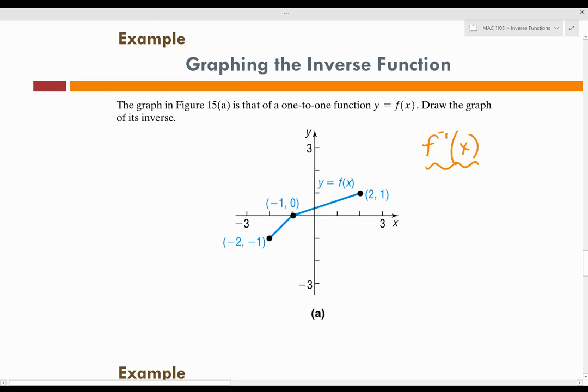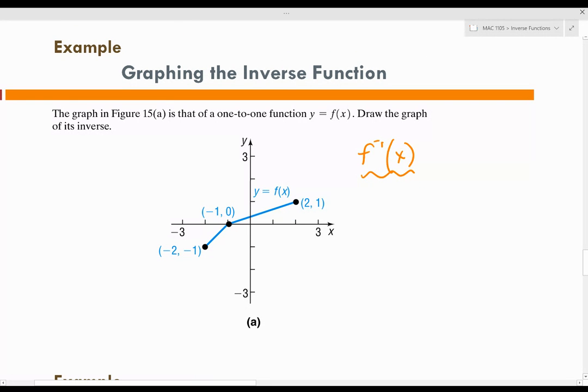all right, so if the point (-2, -1) is on the function, then that means the point (-1, -2) is on the inverse. If the point (-1, 0) is on the function, then (0, -1) is on the inverse. And if the point (2, 1) is on the function, that means the point (1, 2) is on the inverse, okay?